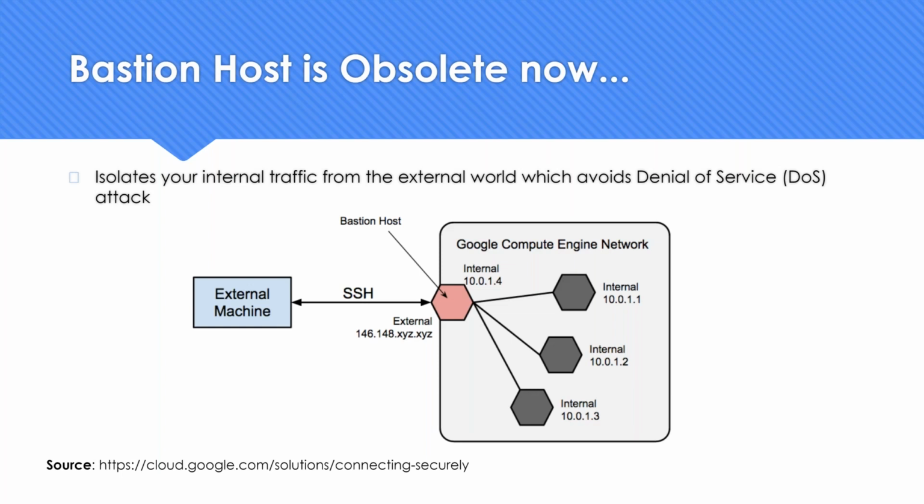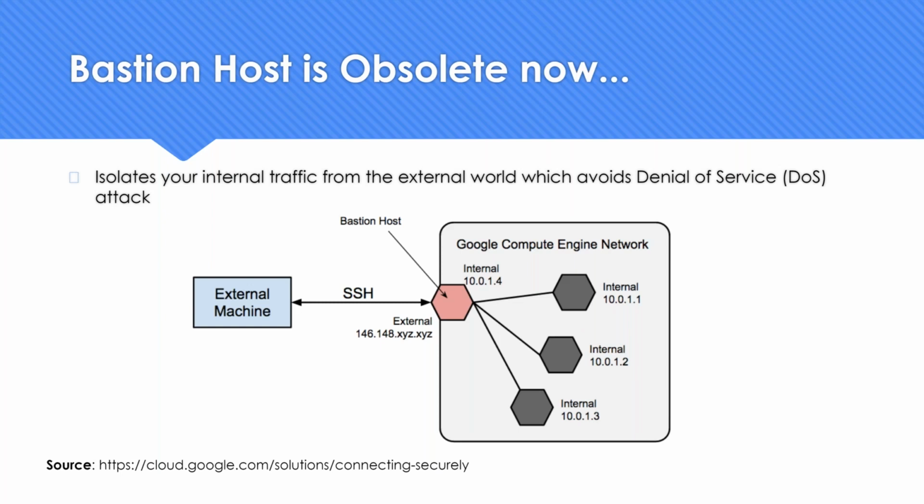For people who have not used this, usually people have lots of VMs with internal IP addresses, and only one bastion host or jump host with an external IP address. This machine is like a gateway, very powerful, hardened, secured. People connect to this, and since it's the same network, from this VM they access the internal VMs, which have only internal IP addresses. This is how a bastion host works.